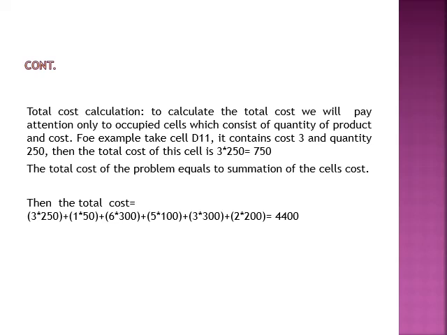It contains cost 3 and quantity 250. Then the total cost of this cell is 3 times 250, which is 750. The total cost of the problem equals the summation of the total costs of the cells.